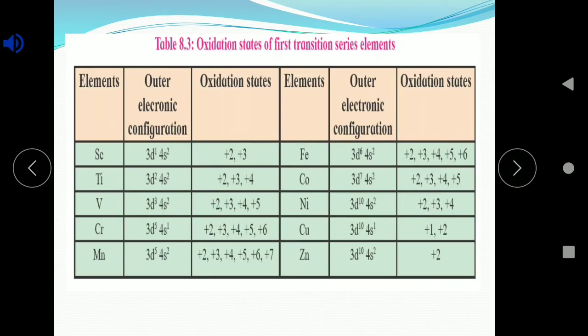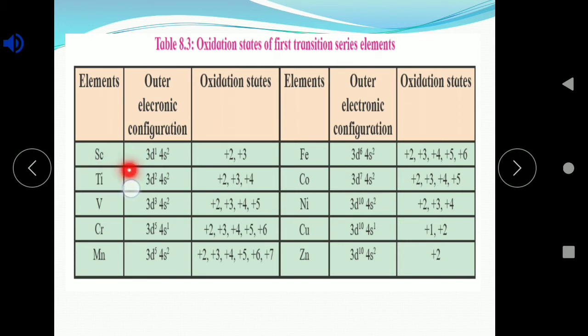So this is the table showing oxidation states of first transition series elements. These are the elements from scandium up to zinc, from 21 to 30, and 4s is already completed, and when the electron starts filling the d subshell, then d block starts.